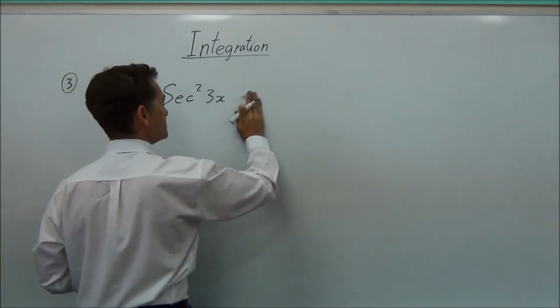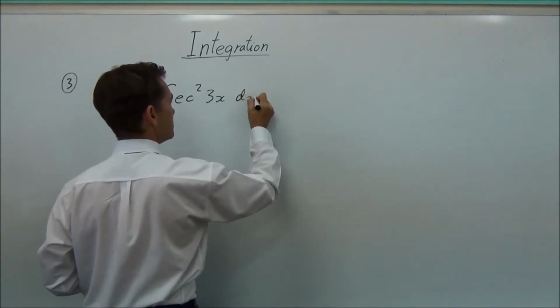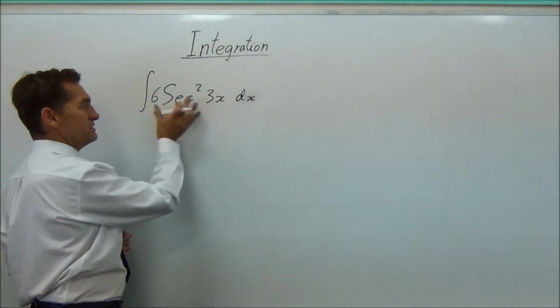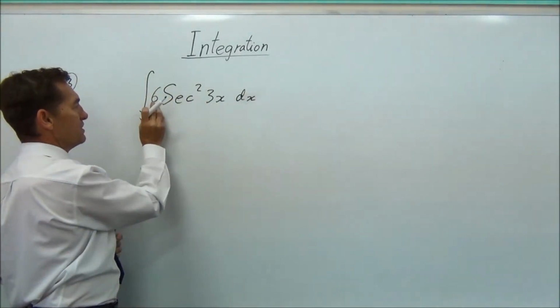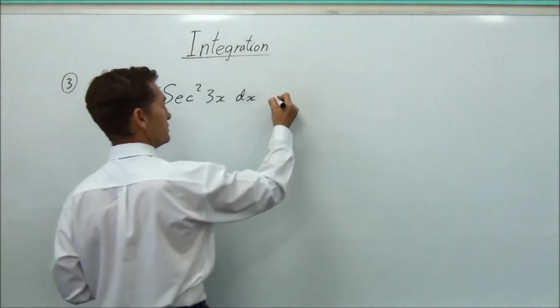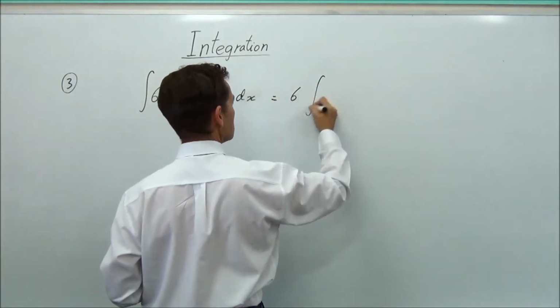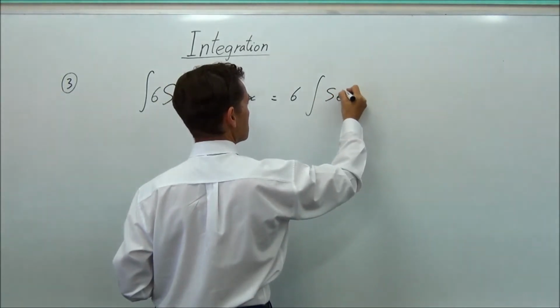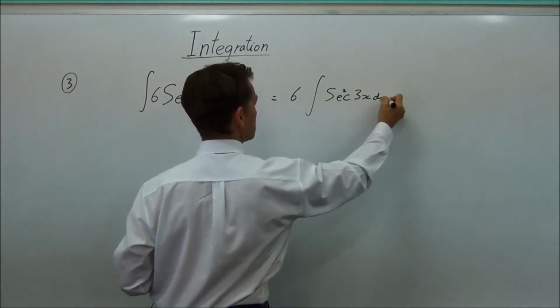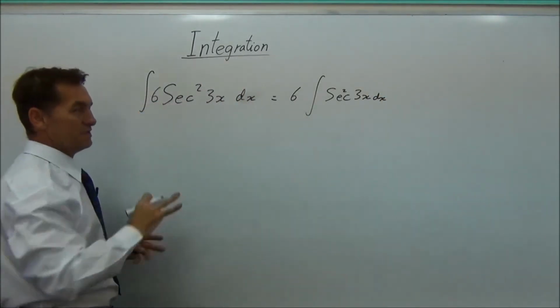And we need a dx, don't we, because we're differentiating with respect to x. So if you see anything like this where you've got a number out the front, I would tend to move this straight out the front before you start. So I tend to think of it as 6 multiplied by integrate sec squared 3x dx.